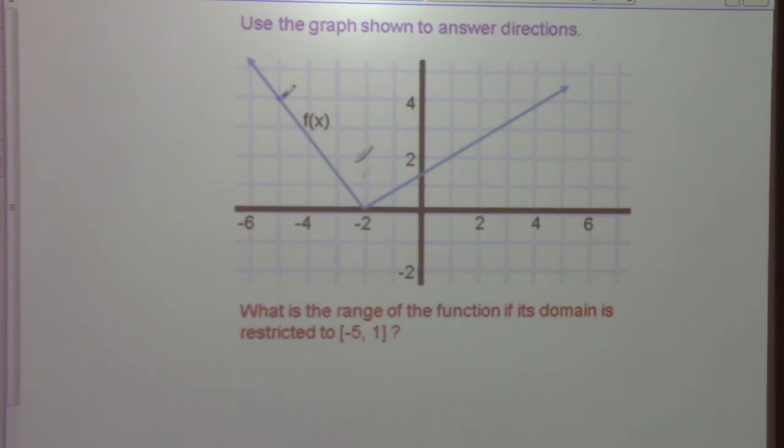Okay. What do you think the range of this thing is if we restrict the domain?